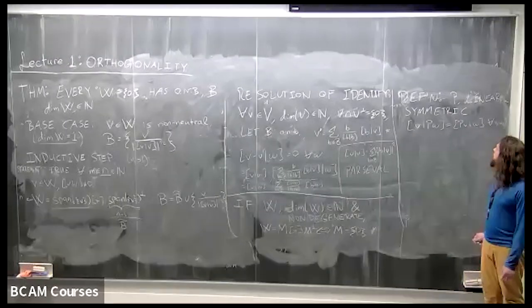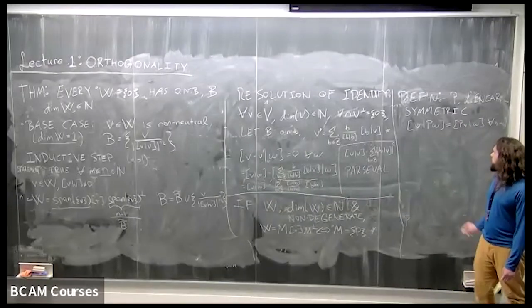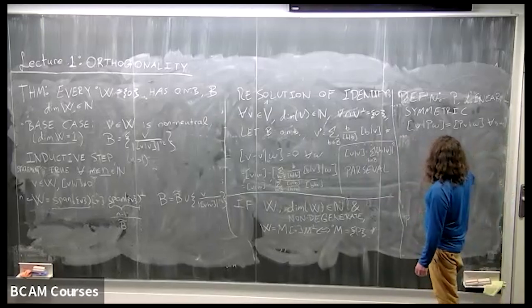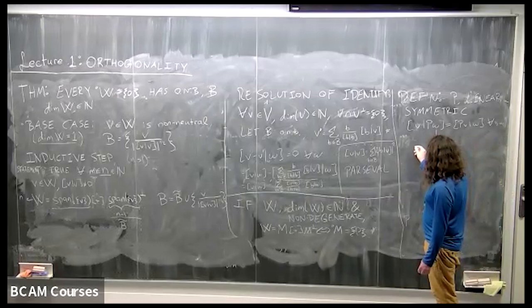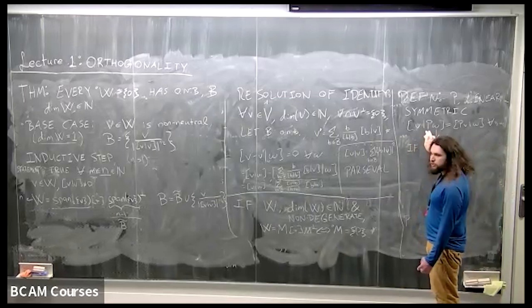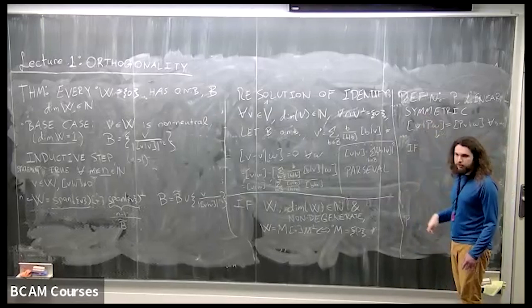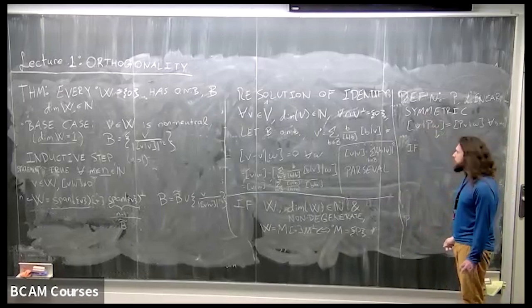So, let's see, proposition. Oh, and another aside: the physicists came up with different names for this P. Here, this is just symmetric with respect to some potentially indefinite inner product.